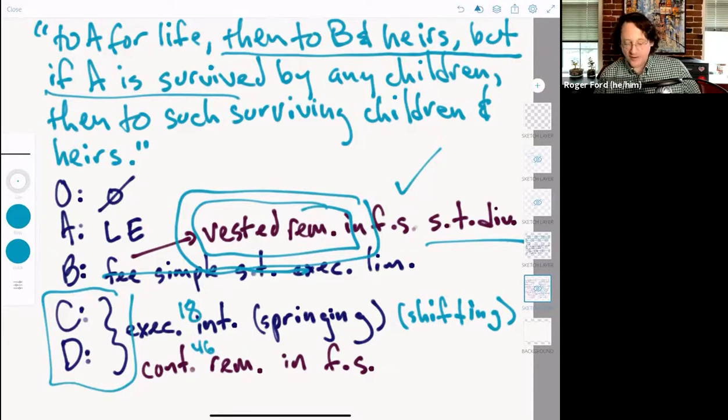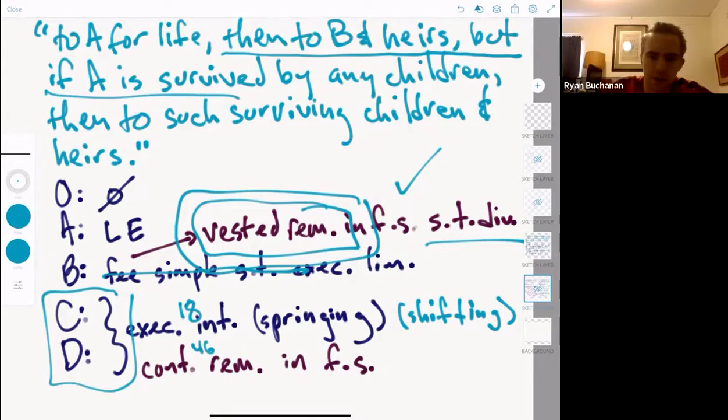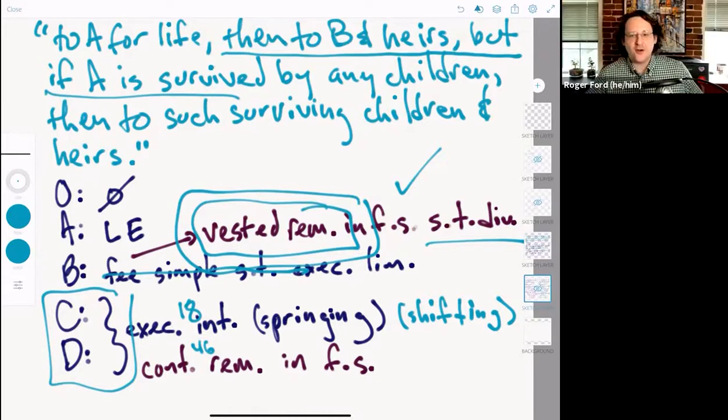Those of you who said executory interest, what's your argument? Mr. Buchanan? I thought it was a shifting executory interest because it takes away B's fee simple that they have, that vested remainder. It snatches it away, and that's what the executory interest is all about. And so that's the argument on the other side, right?